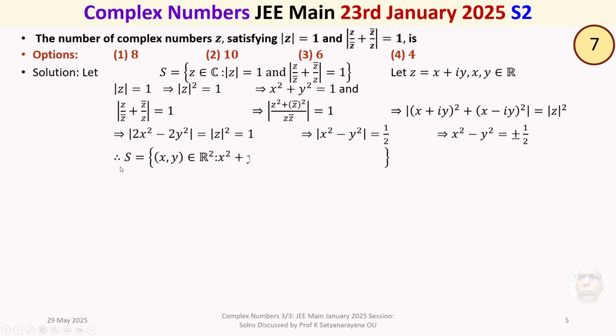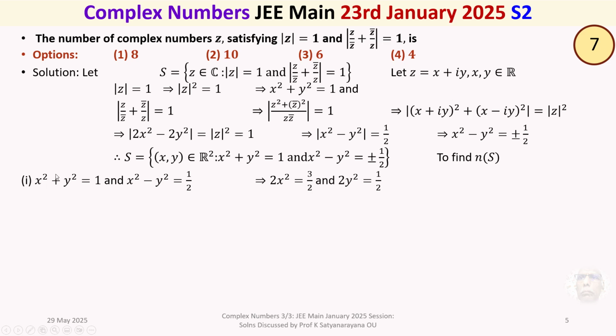That is, S is the set of all ordered pairs x comma y belongs to R square, satisfying x square plus y square is equal to 1 and x square minus y square is equal to plus or minus 1 by 2. And this is in the Cartesian form, whereas in the above one, this is in the complex form.